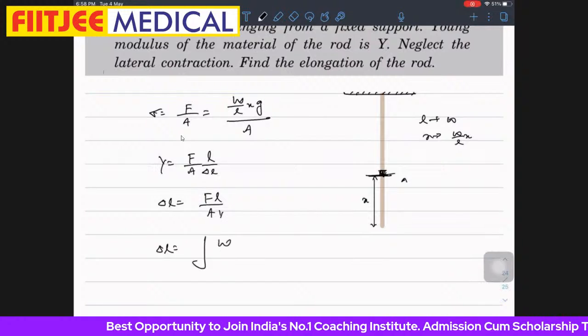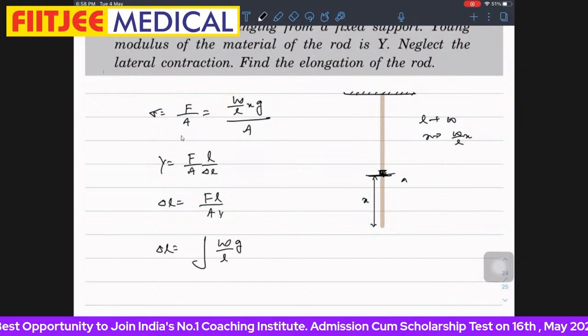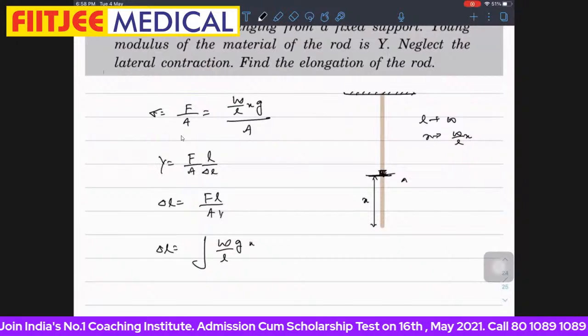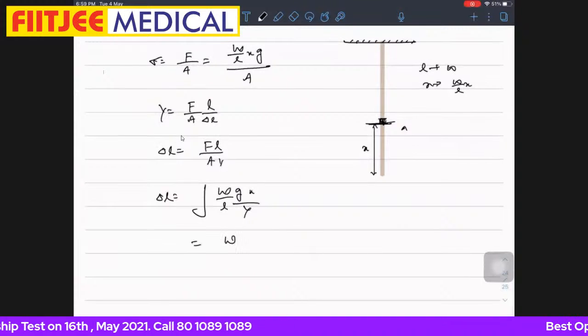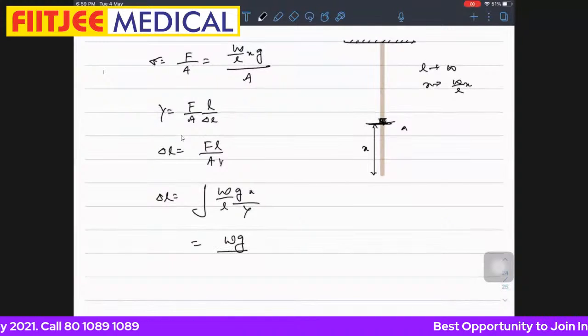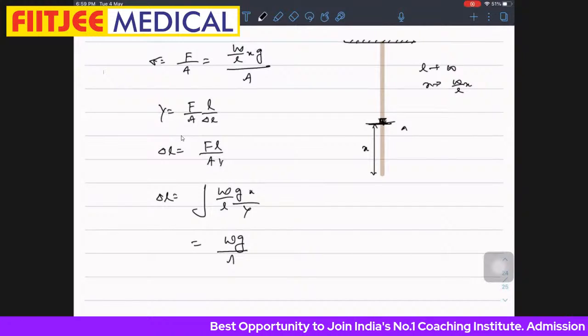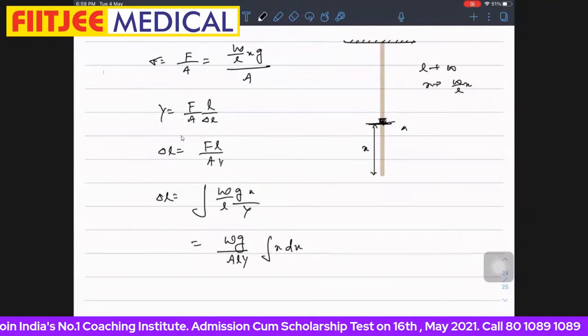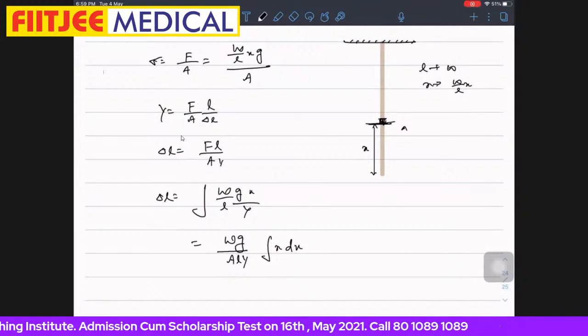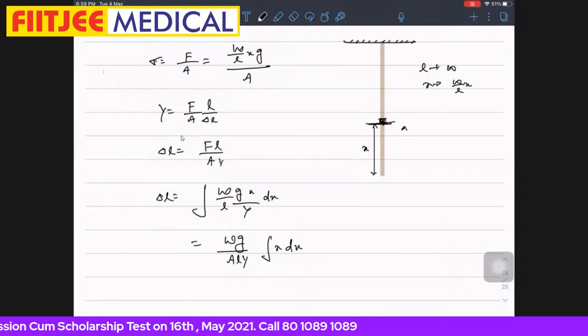So force we have given as W by L into g into x, by Y. So what can I write? W g by A L Y, integration of x dx. Correct. The length of the small element we are considering is dx.